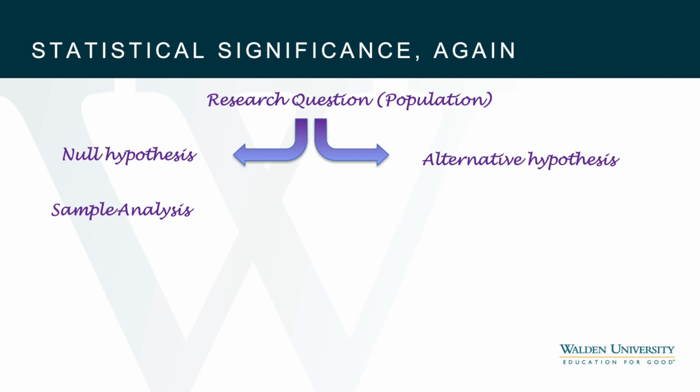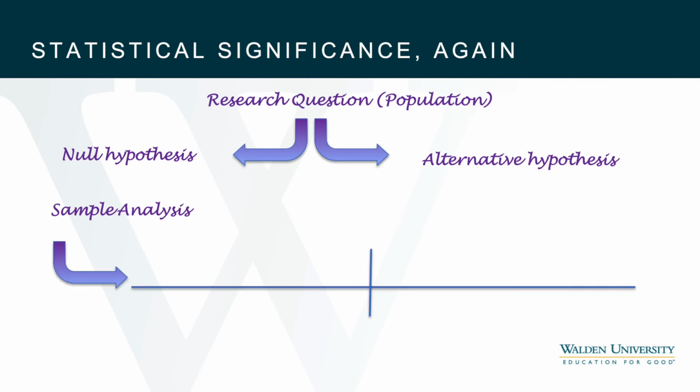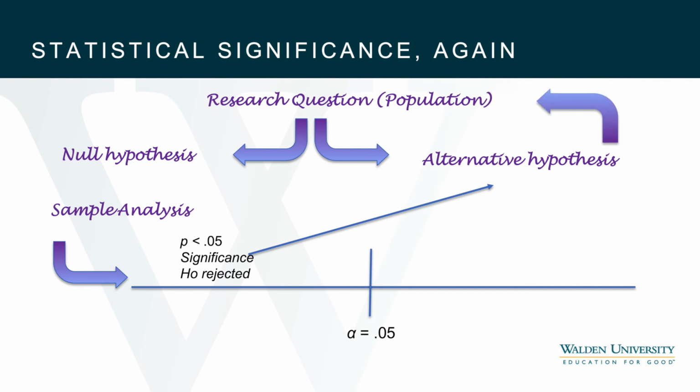The results come out, and we're going to compare that to 0.05. When we find significance, we then favor our alternative hypothesis, and we can generalize that across the greater population. But when we do not find significance and we have to hang on to our null hypothesis, that's kind of where our story stops.